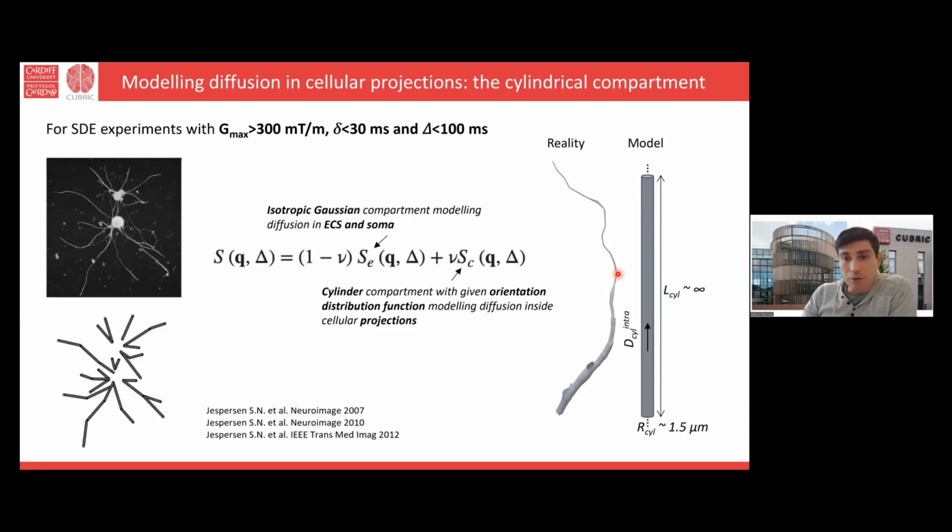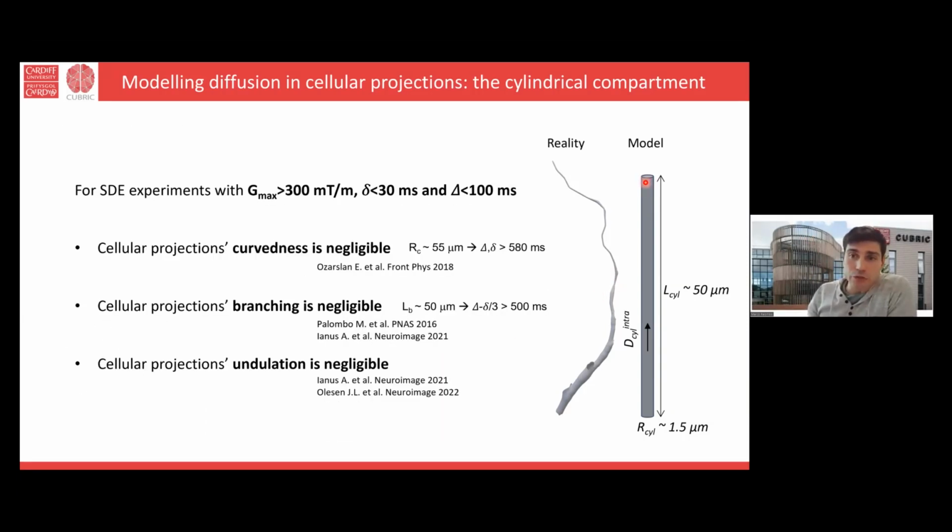So we can conclude that the assumption that we can model a fiber in the gray matter as a straight, infinitely long cylinder, not a finite cylinder, is pretty much a good first approximation based on what we know now.